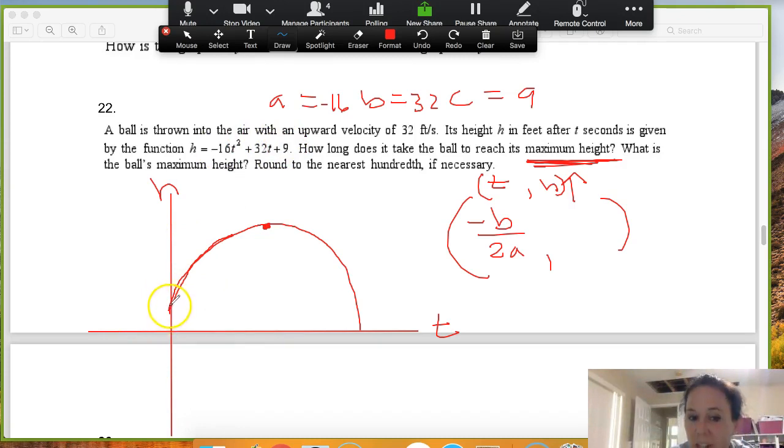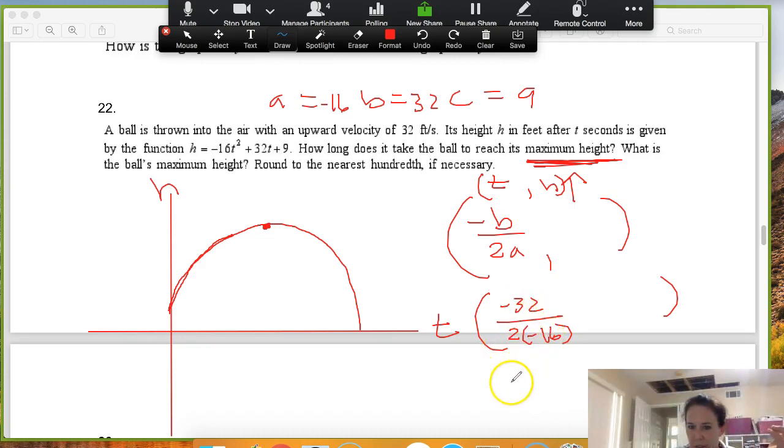So that's why you're starting here at 9 feet. Okay, that's your y-intercept. All right, so let's do our vertex. Remember, max height, that's just the y value of your vertex. That's all that is, okay? So I just go negative b, so negative 32, over 2 times my a value, which is negative 16. Reduce this, right? 32 times negative 16 is negative 32.